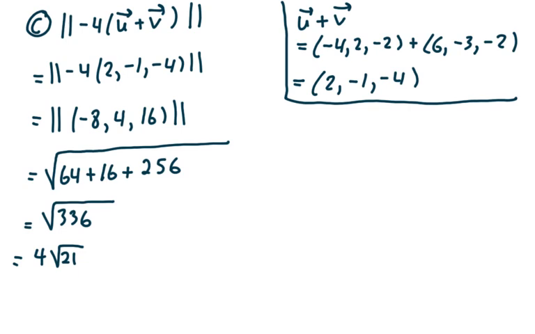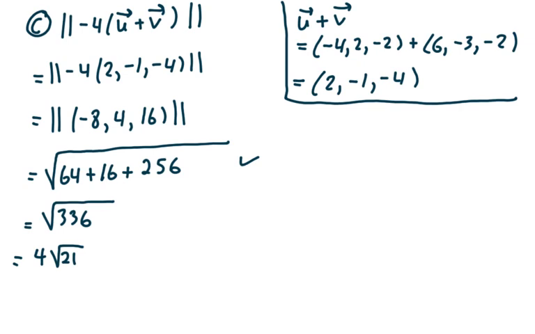And so then all it comes down to is taking the norm of that vector. And so this is the square root of 64, that's negative 8 squared, plus 4 squared, which is 16, plus 16 squared, which is 256.